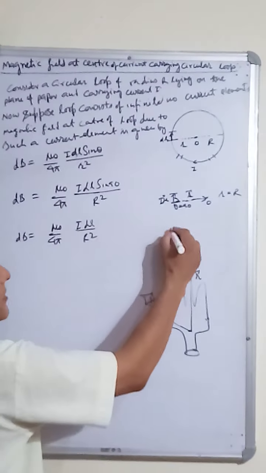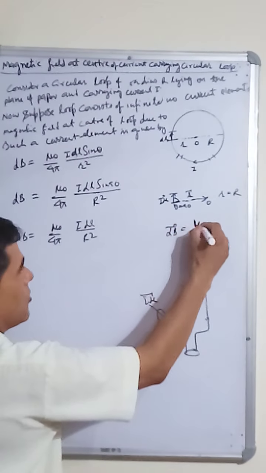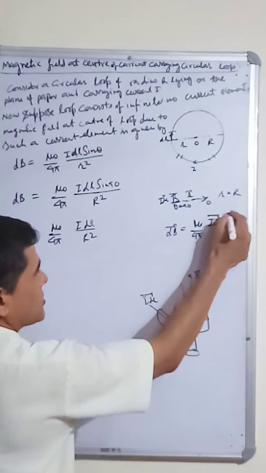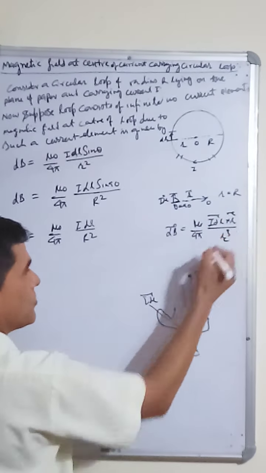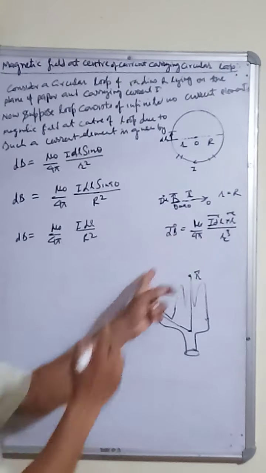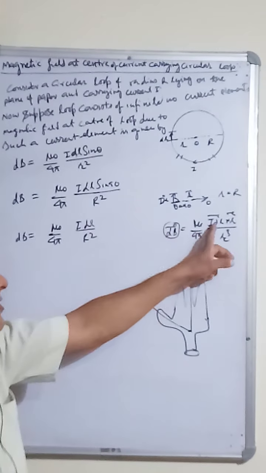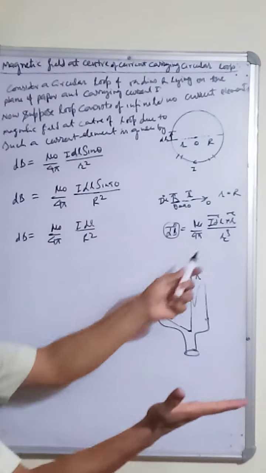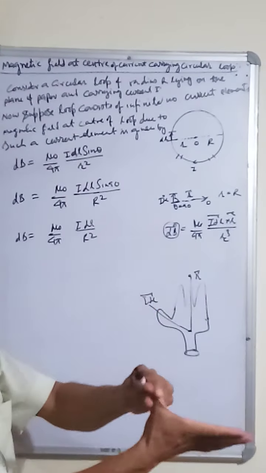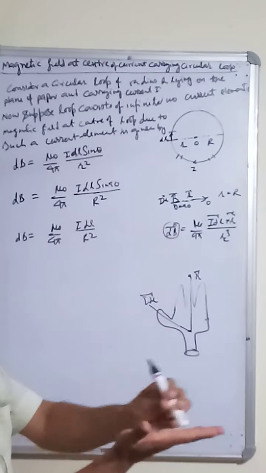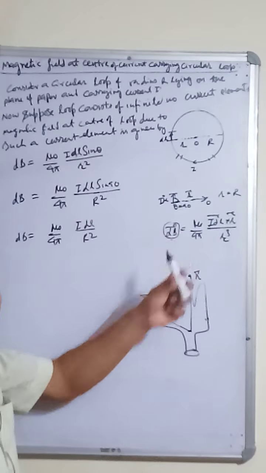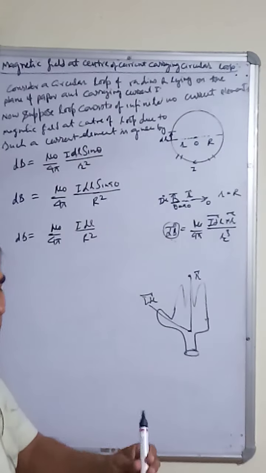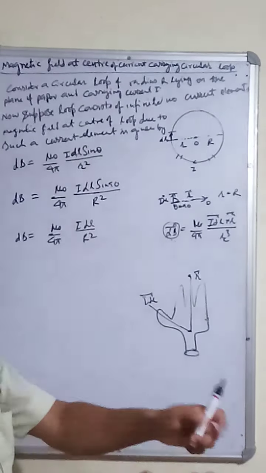We have three vectors in the Biot-Savart law: dB, which we are to find, I dl, and r. So the I dl vector is along the thumb, the r vector is along the fingers, and the vector we find is perpendicular to the palm.